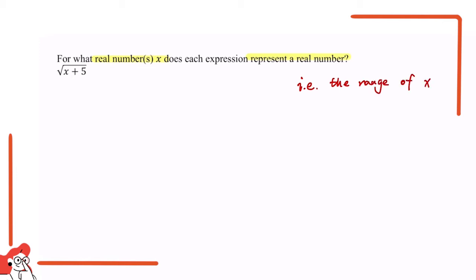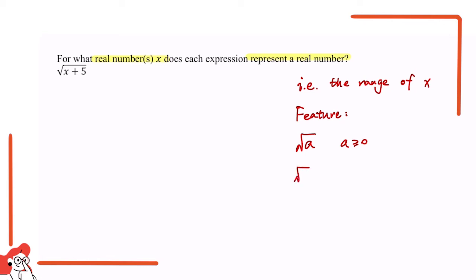So to know that, we have to know some common features of the square root. Say we have the square root of a, where a is an unknown variable. We don't know its value, but we know that as long as it can be written like this, a cannot be negative. So it has to be greater or equal to 0.